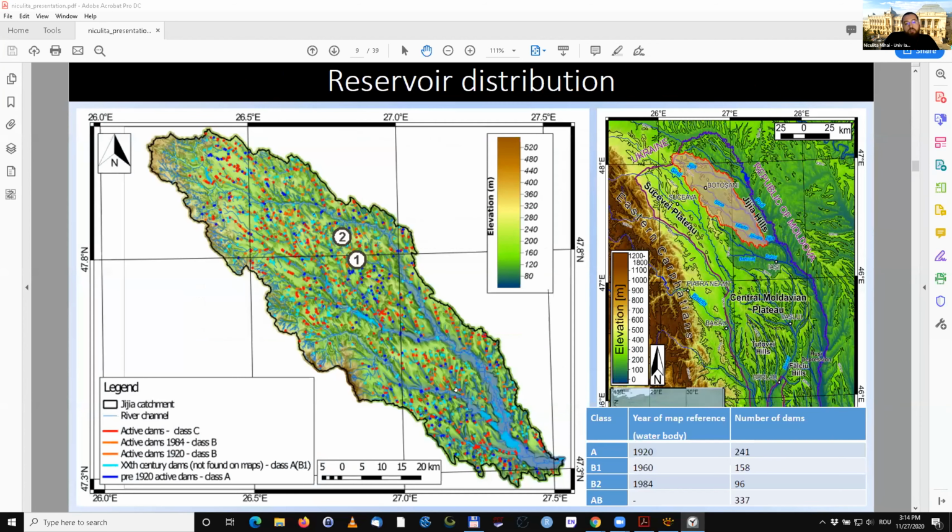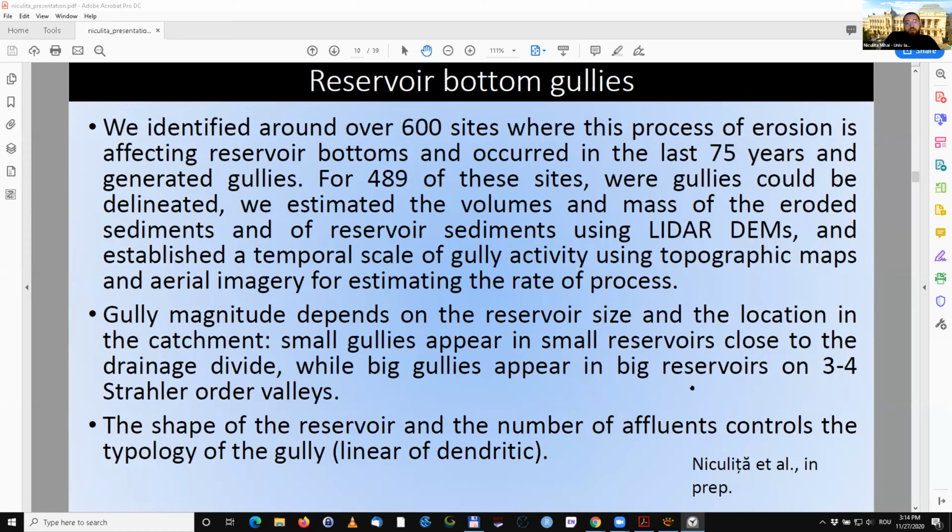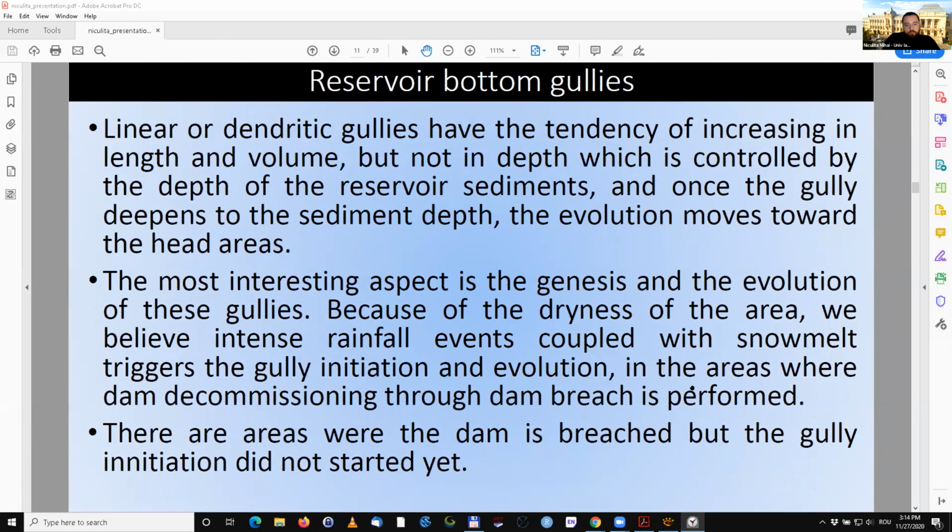We managed to create a regional inventory. We have sent for publication just a part of this inventory. And we were also able to create a temporal inventory using old maps and remote sensing data. Further on, we have observed the reservoir bottom gullies. We identified almost 600 sites where this phenomenon appears.